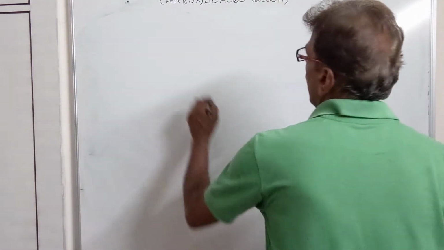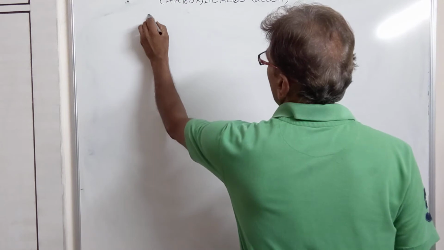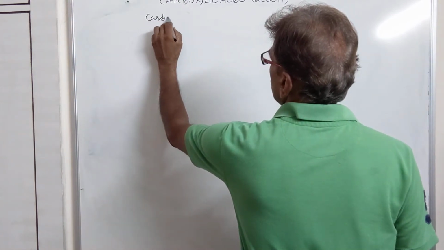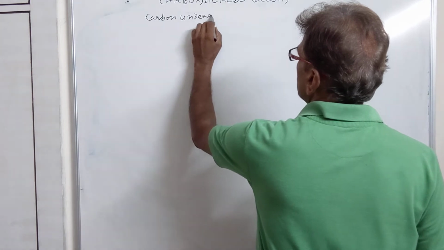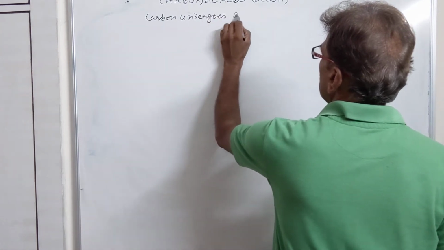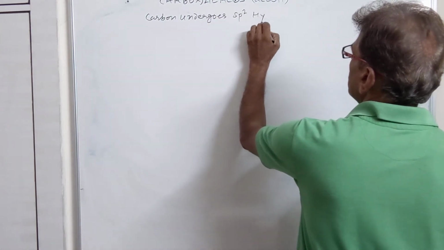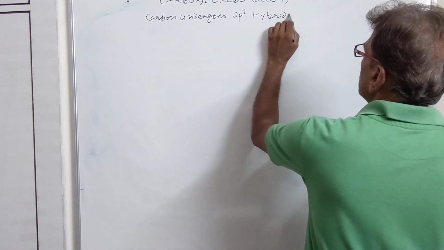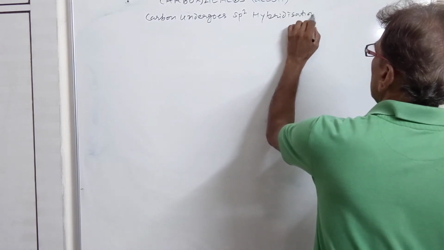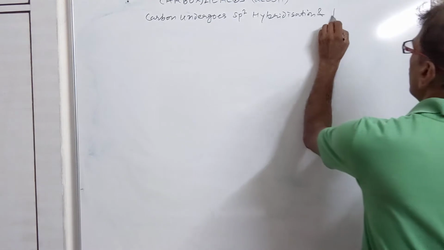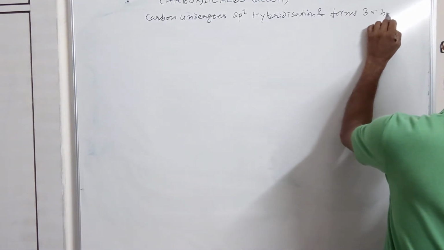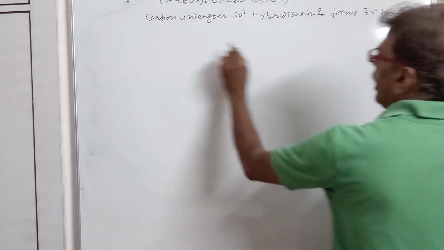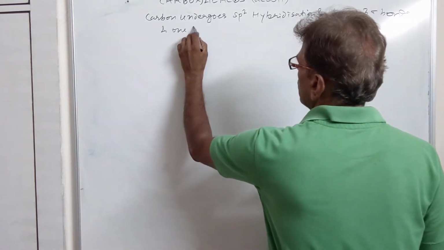So let us see the electronic structure of carboxylic group. Carbon undergoes sp2 hybridization and forms 3 sigma bonds and 1 pi bond.